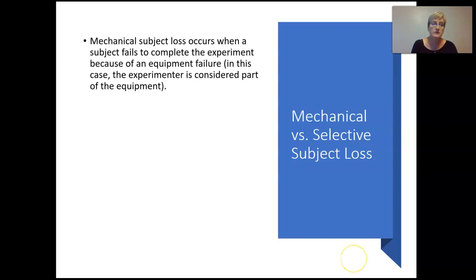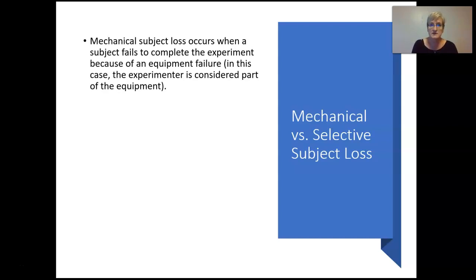And one afternoon, there was a mechanical failure in the device that recorded the heart rate variability data, and so they lost a whole chunk. It was several subjects' worth of data for that particular dependent variable. So that's a mechanical subject loss.